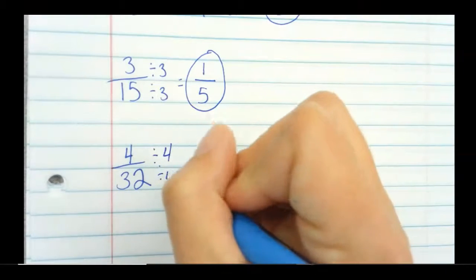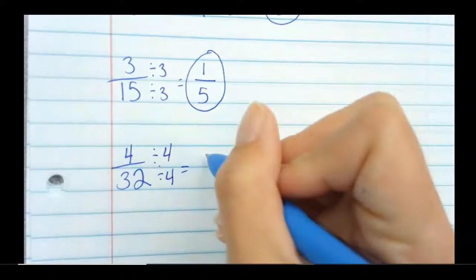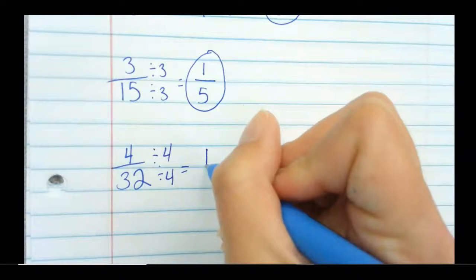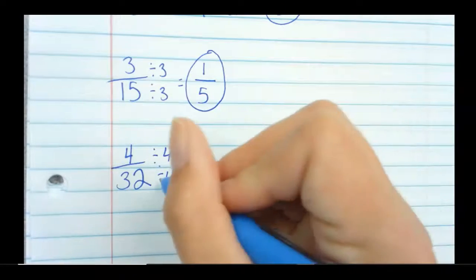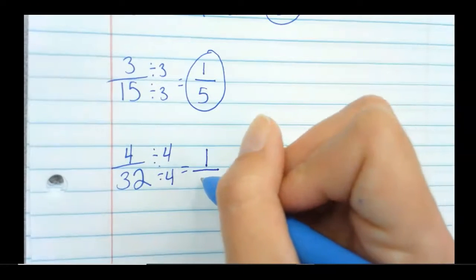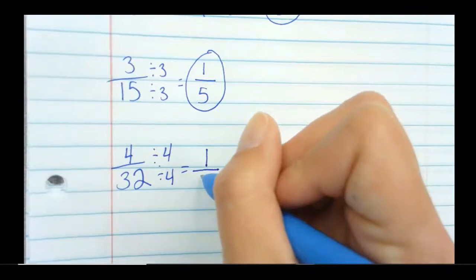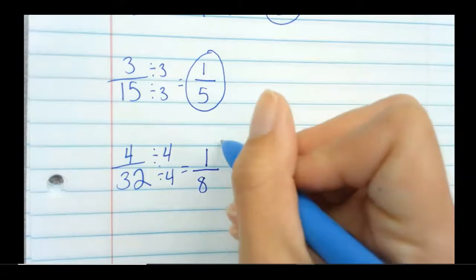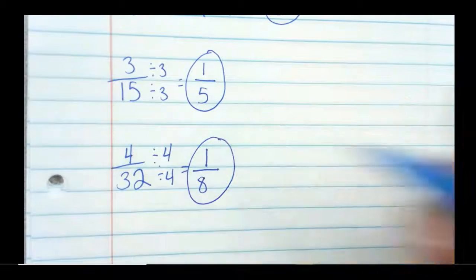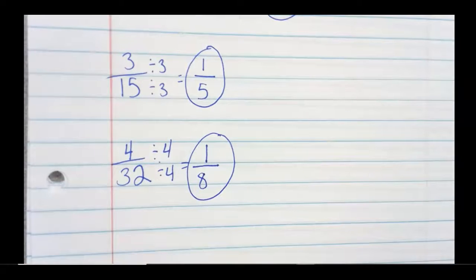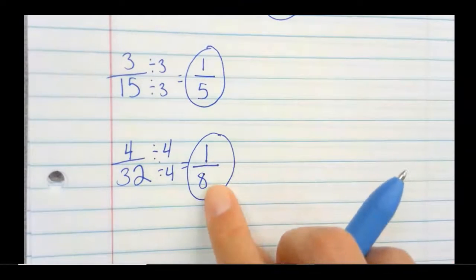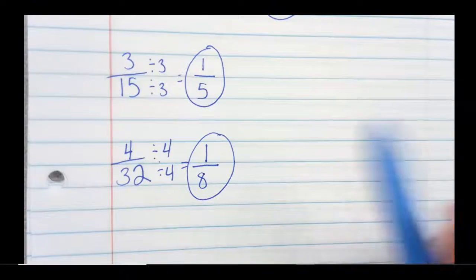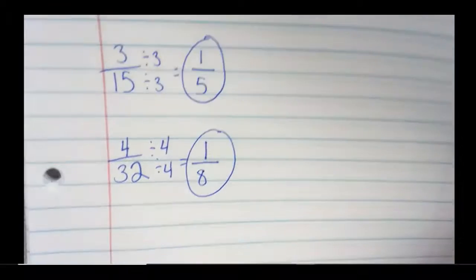So 4 divided by 4 is 1. 32 divided by 4 is going to be 8. So our final fraction is 1/8. Remember, you got to divide them both by the same number.